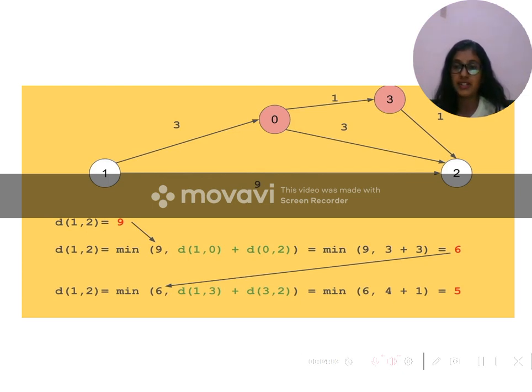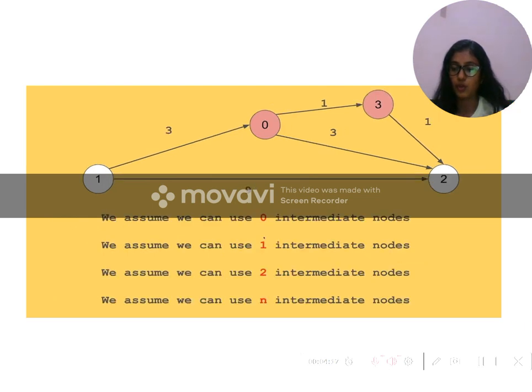Then the minimum of 6 and 5 would be 5. Therefore, I can go from 1 to 0, then from 0 to 3, and then 3 to 2 at a cost of 5.